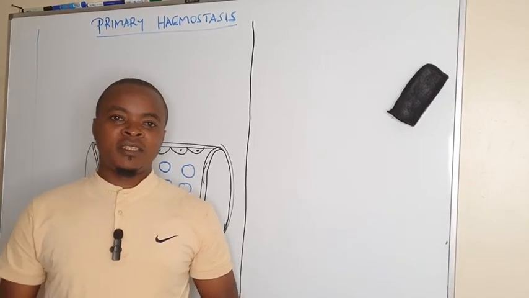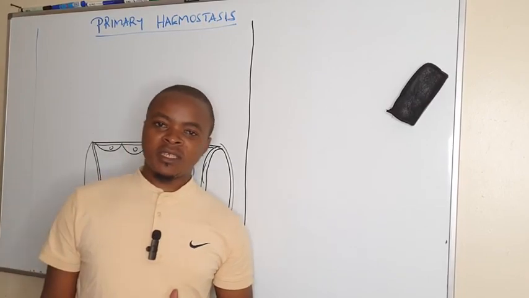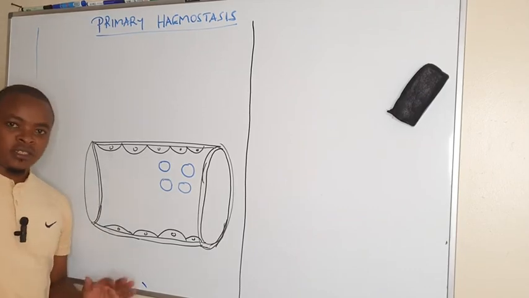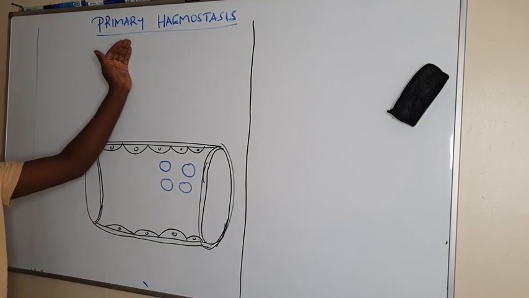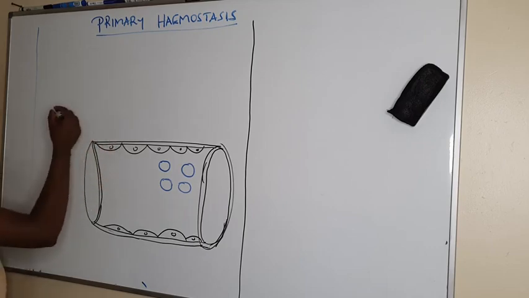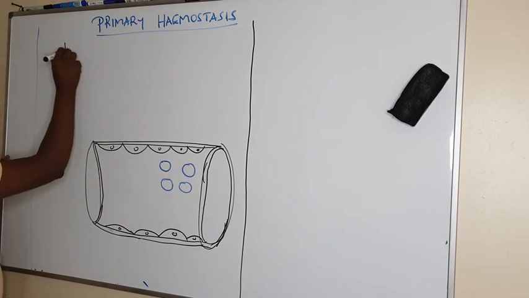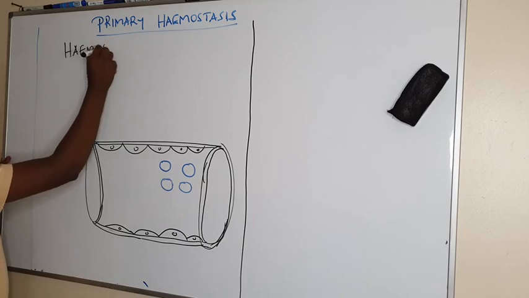In today's topic at Medical Sciences, we are going to discuss with you primary hemostasis, which is part of hemostasis, that is coagulation. So hemostasis, it is a Greek word. As we introduce primary hemostasis, before we begin, the word hemostasis we can divide into two words.